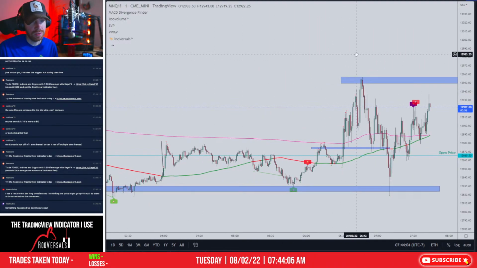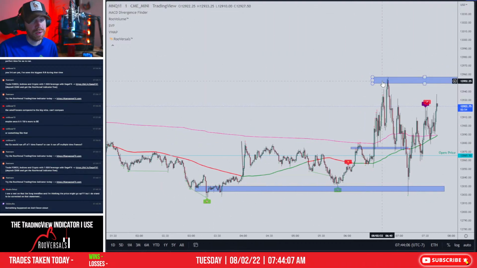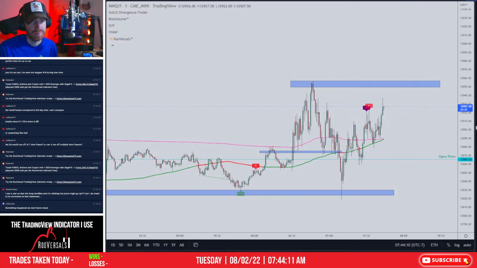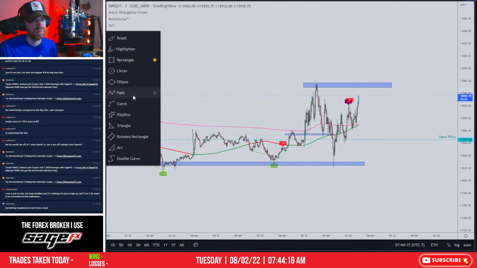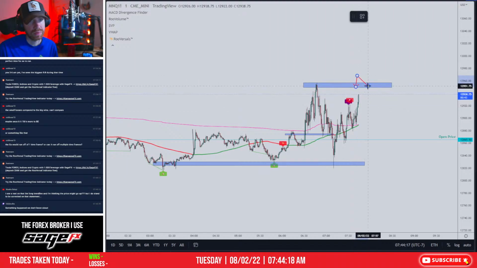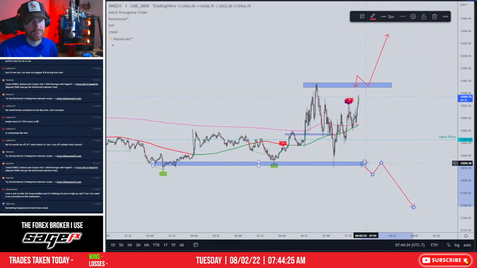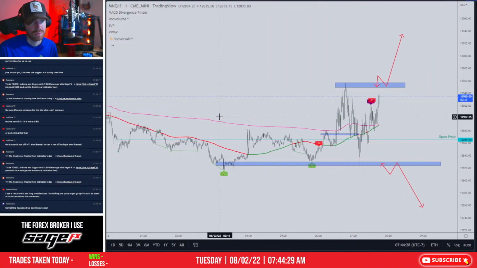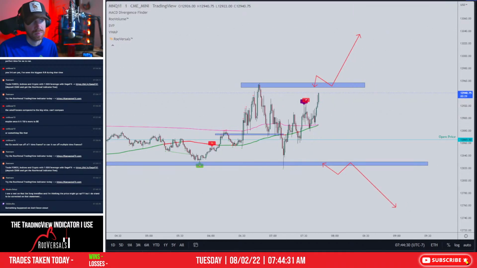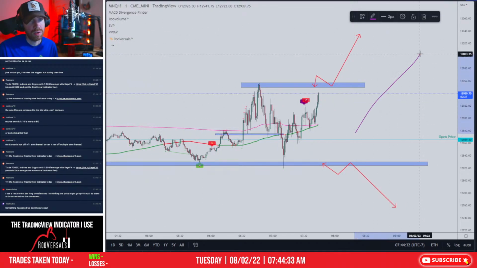I guess the only thing to do is to wait for this price area and this price area. Or just stay out until tomorrow.